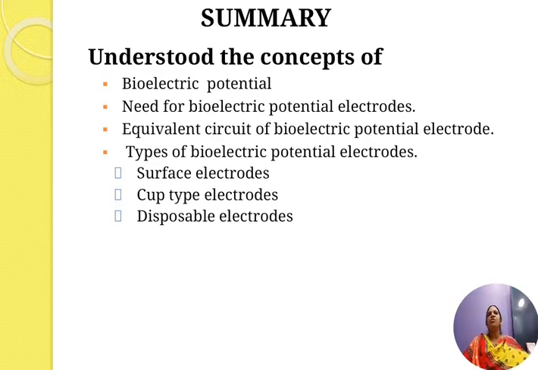That transducer is called a biopotential electrode. These electrodes consist of two electrodes which measure the ionic potential difference between the respective points of application. The most common type of electrodes used are surface electrodes.